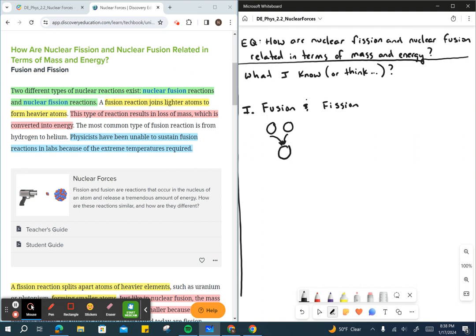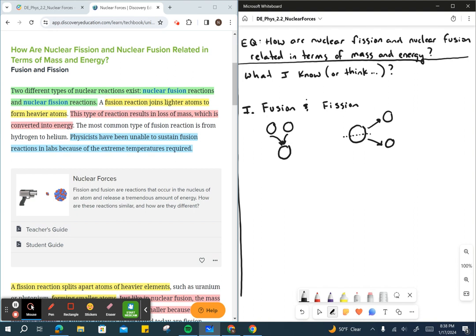And we could say that fission, on the other hand, would be if you were to take something and split it apart, then you'd have two smaller parts.